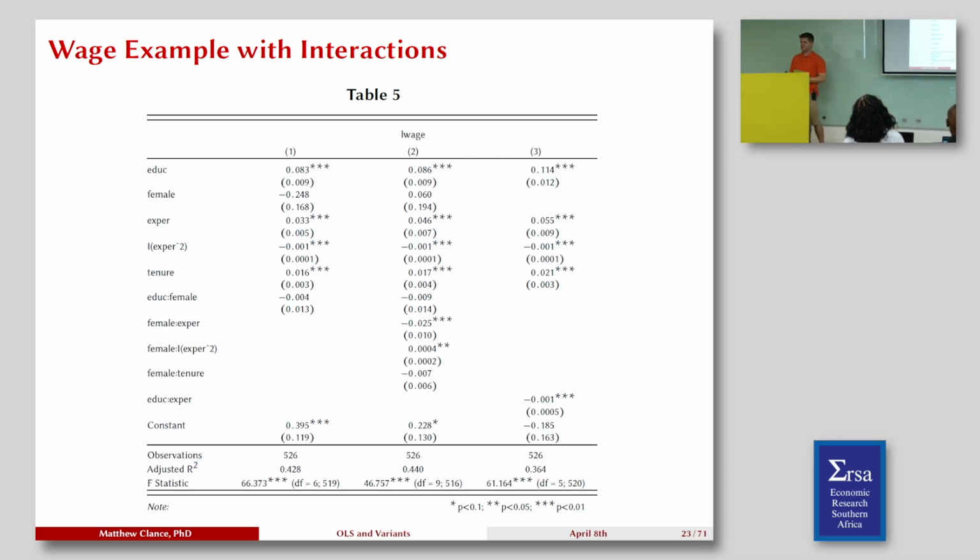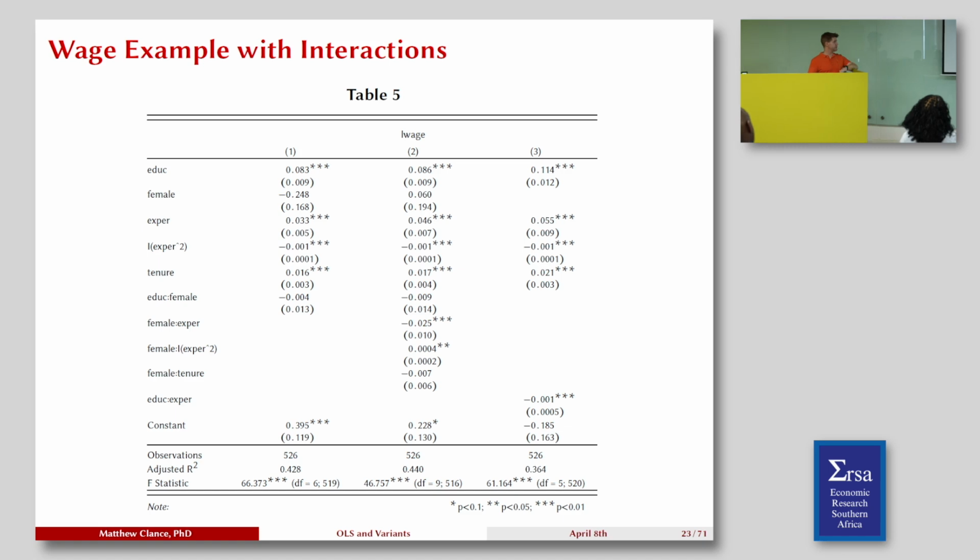That could be just from the controls that I chose, or it could be telling me more, but I would need to actually test, like I was talking about before, the joint test: beta 2 and beta 6 are jointly equal to 0.